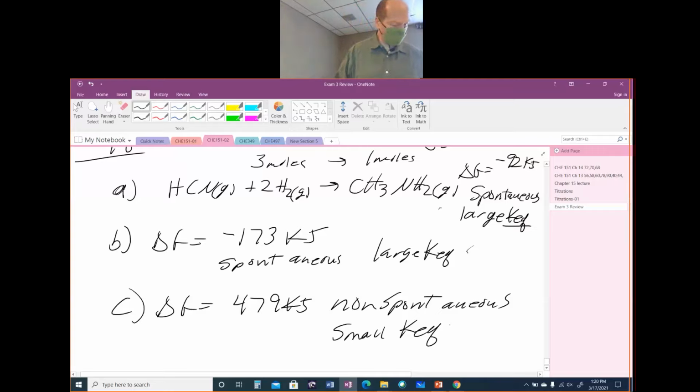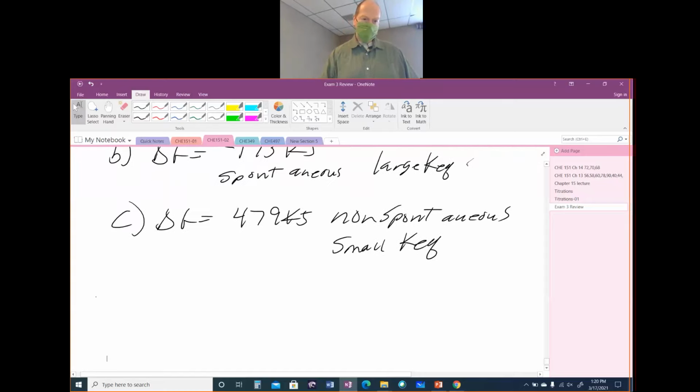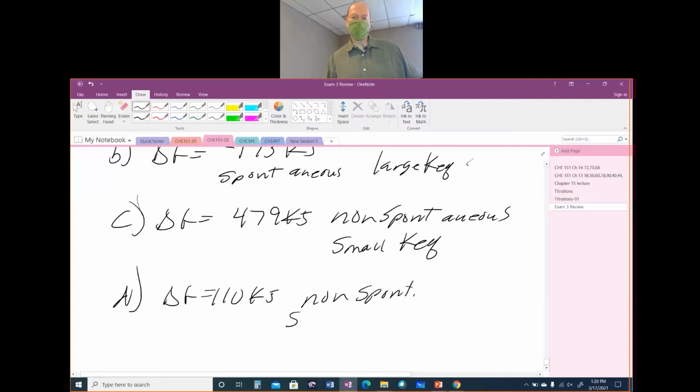Mostly it is reactants. For part D, 110 kilojoules for your delta G. All right, same answer. This is non-spontaneous, small KEQ.